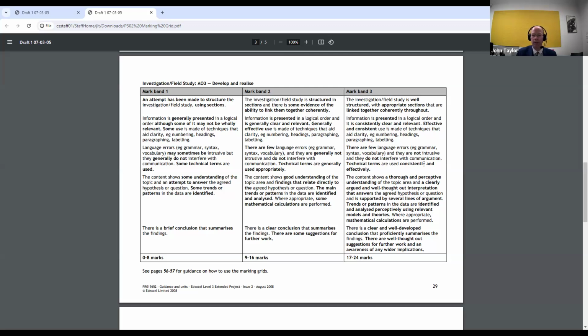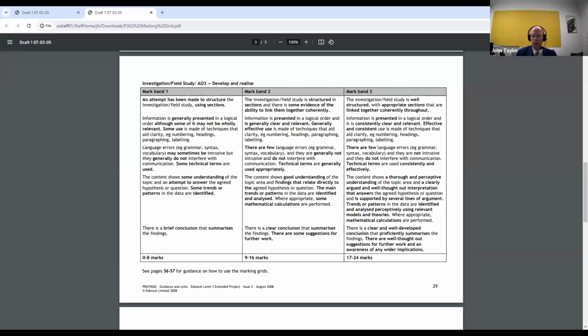And the key here is that you are effectively, in AO3 for this investigation, building your arguments using data, looking for the trends, looking for the patterns, probably involving graphs, charts, statistics, numbers, that sort of thing.